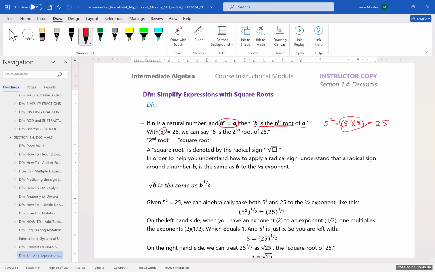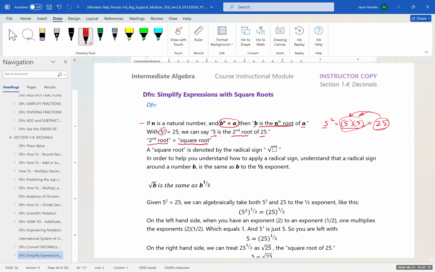With 5 squared equal to 25, we would say that 5 is the second root of 25. So here we have 25 has 2 roots of 5. Okay, so 5 is the second root of 25. And when we say the words second root, we can also say square root.